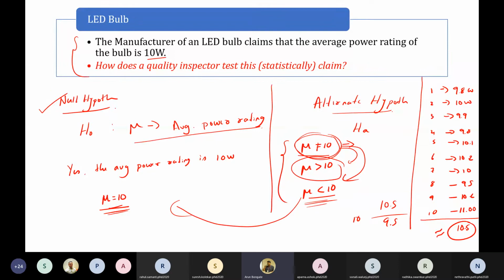So now, just a summary of this discussion: the alternate hypothesis, as I said, should be complementary to the null hypothesis. They should be opposite to each other. If I write the alternate hypothesis HA as mu is less than 10, then it is nothing but the null hypothesis itself.